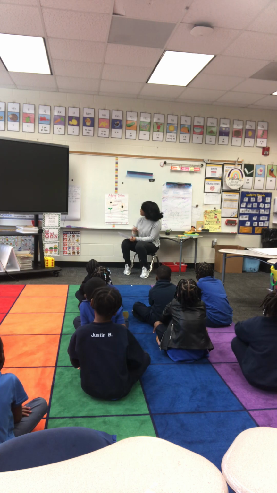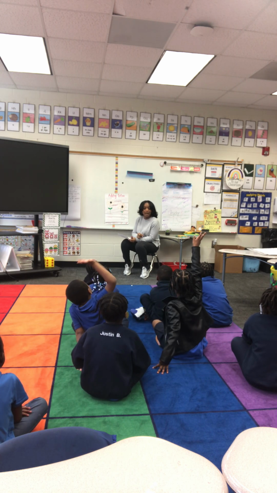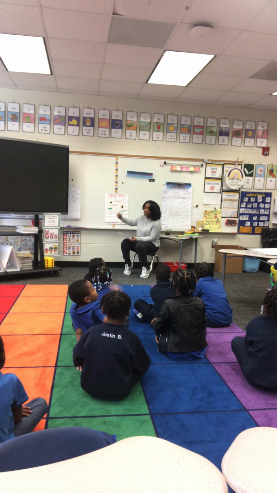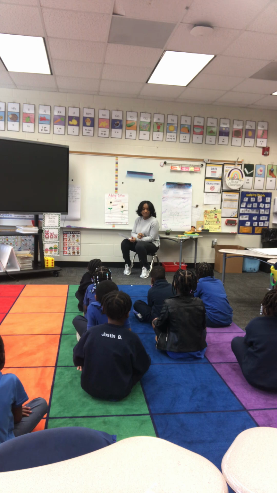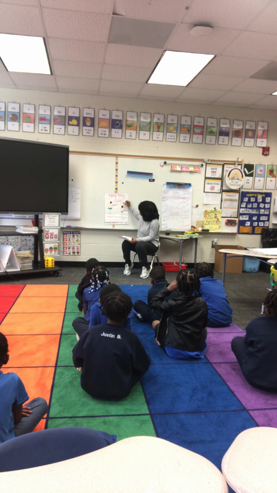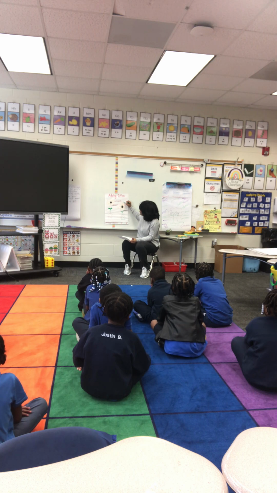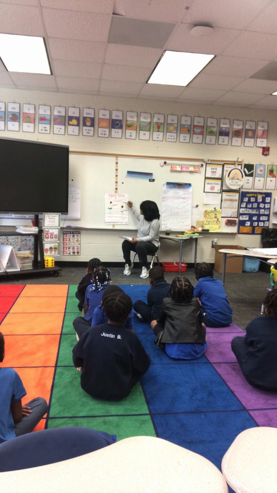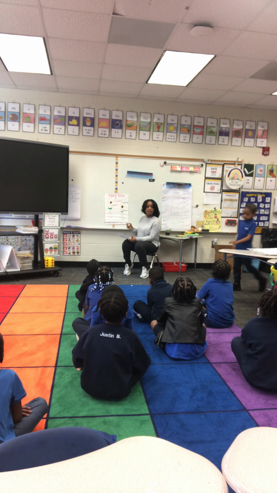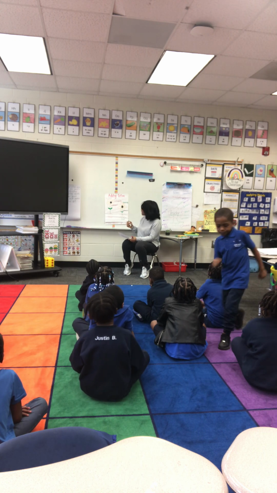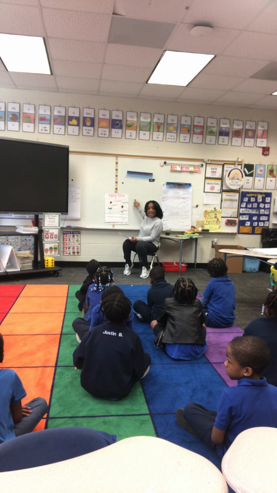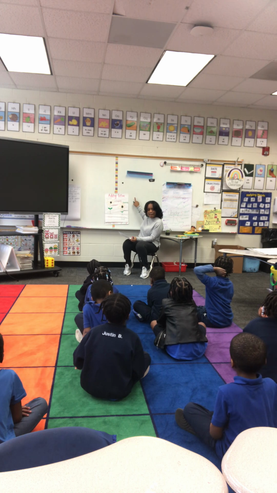What suffix should I add this time? ING or ED? All right, we'll start with ING first. So my new word is going to be, who can tell me what my new word is? Tapping. Very good, which means I am doing it right now. I am tapping.